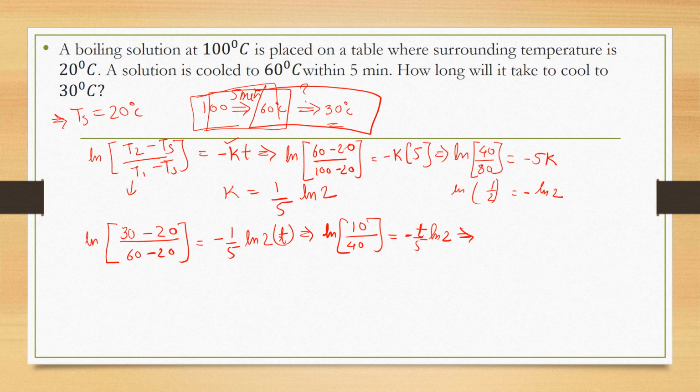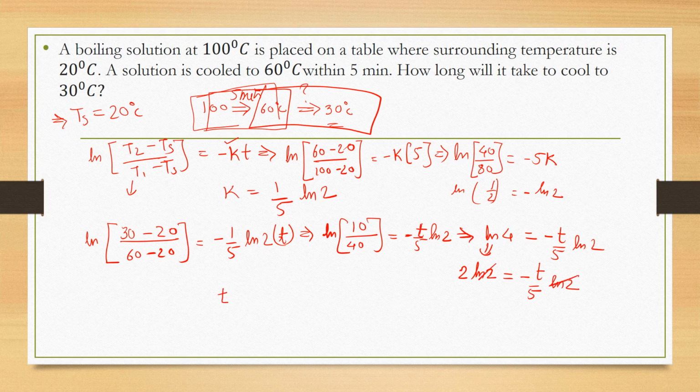log of 2. Now it will be written as ln of 4, which is equal to minus t by 5 ln of 2. But log of 4 can be written as 2 ln of 2, because 4 is equal to 2 square, so we can rewrite it as 2 log of 2, which is equal to minus t by 5 log of 2, and log of 2 and log of 2 get cancelled.